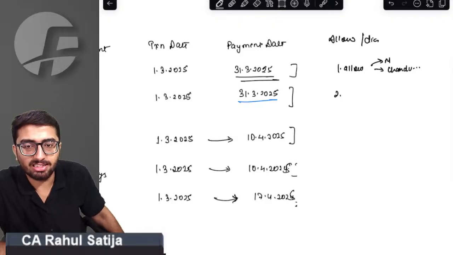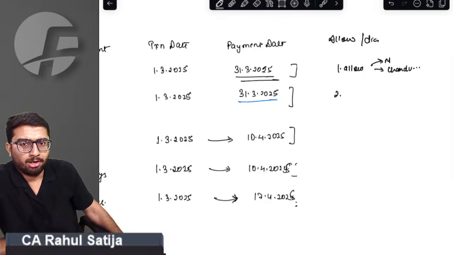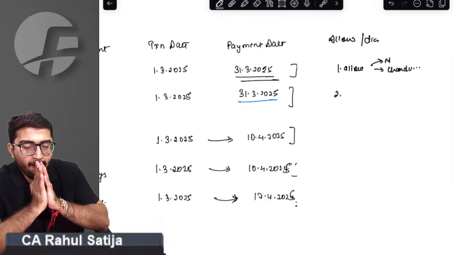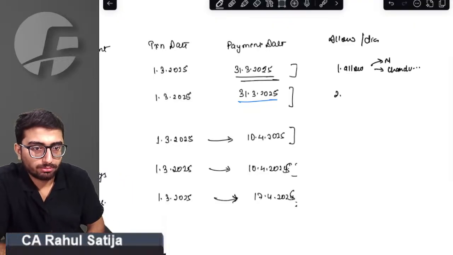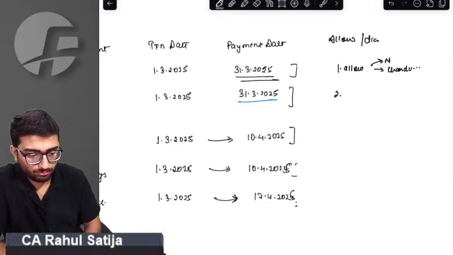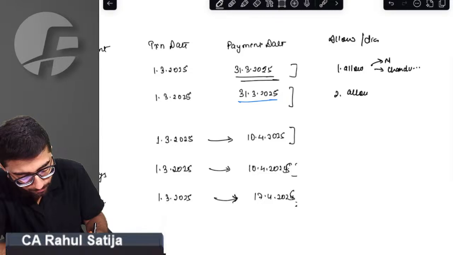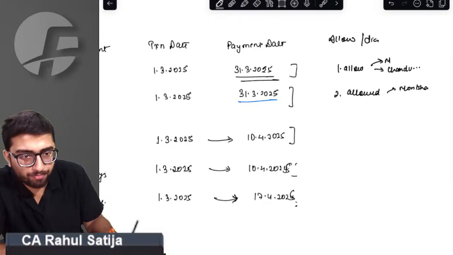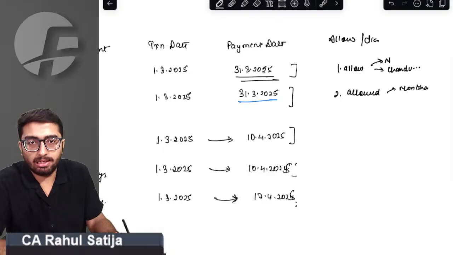If you are done with the first one, answer the second one. Monisha, second one allowed. Okay. Monisha responded as allowed in the second point.